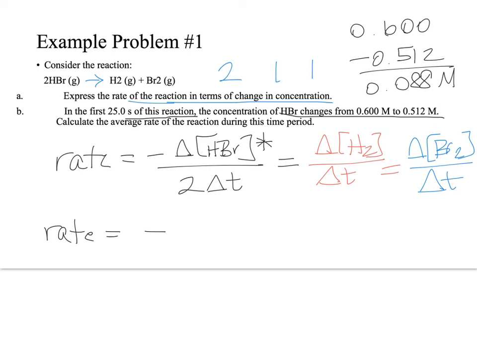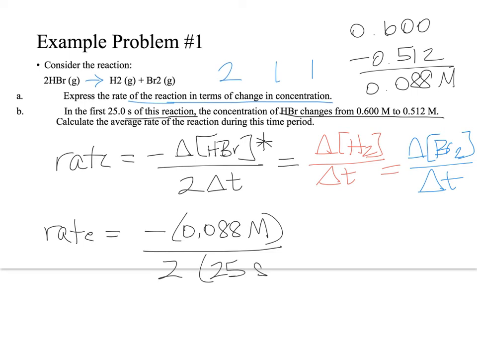Okay, so put that in there, 0.088 molar, divided by 2 times 25 seconds. Remember, we have to put 2 because our mole ratio tells us that there are 2. All right, so I do the math, and for 2 sig figs, I'm getting 1.8 times 10 to the negative third molarity per second. And we could put a negative in front here to indicate that it is being consumed during that time period.